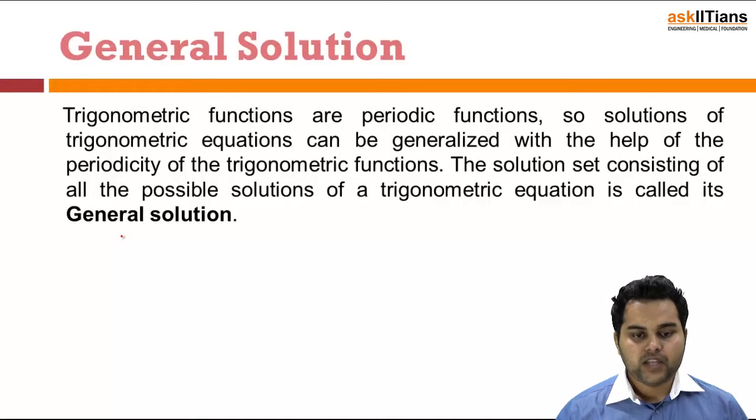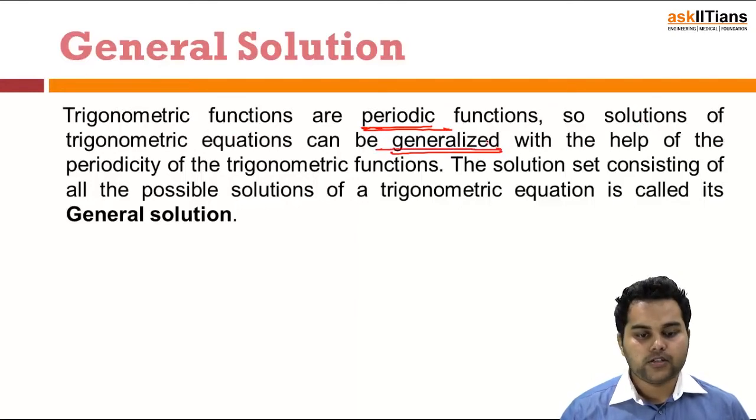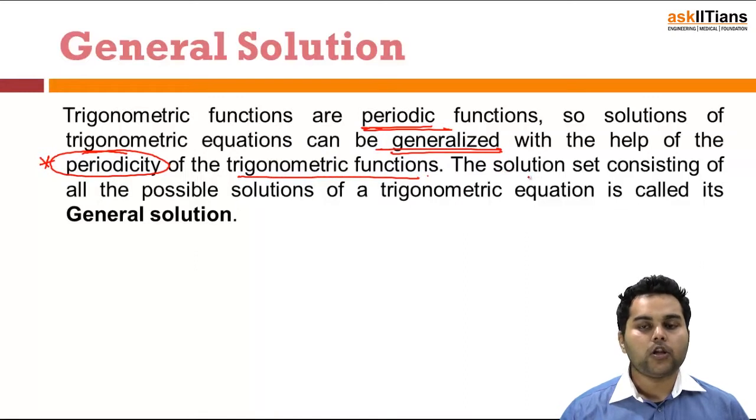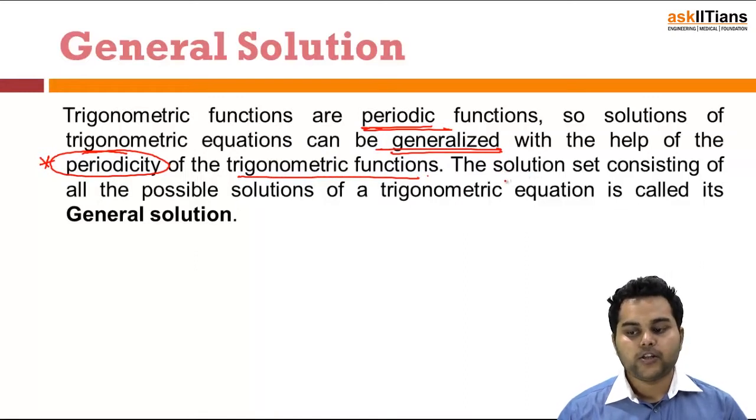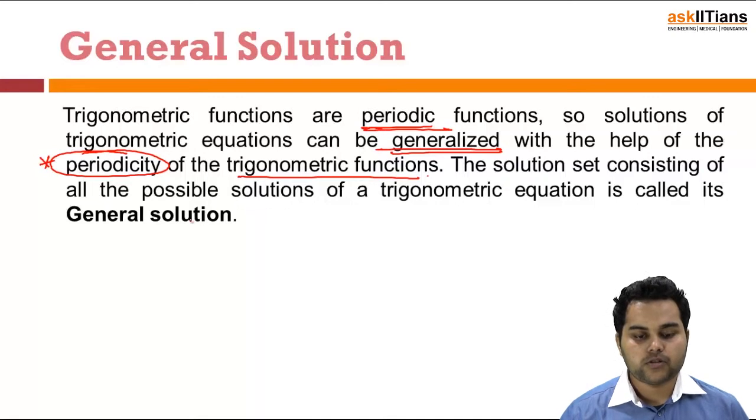Hence, if I consider trigonometric functions are periodic functions, so the solutions of trigonometric equations can be generalized with the help of periodicity. Mind, periodicity is the keyword here of the trigonometric functions. So a solution set consisting of all the possible solutions of the trigonometric equation would be called a general solution. So I can say that general solution is a set of all solutions of a trig equation.